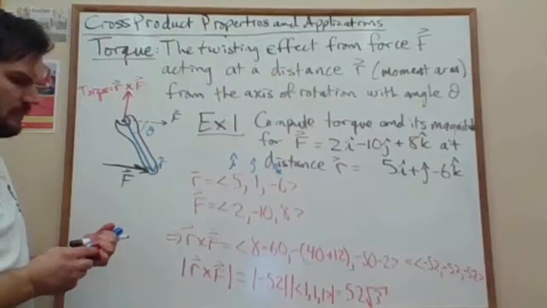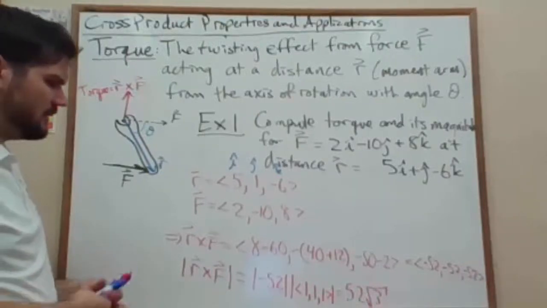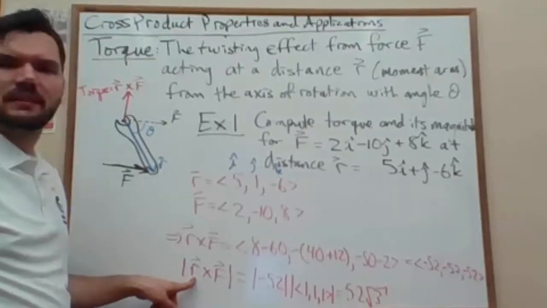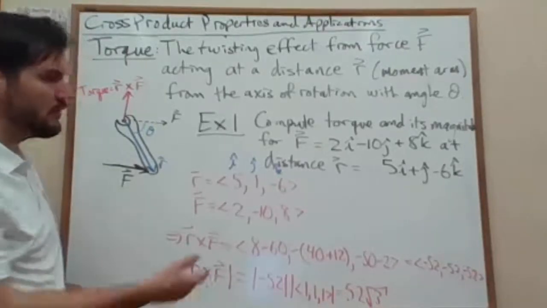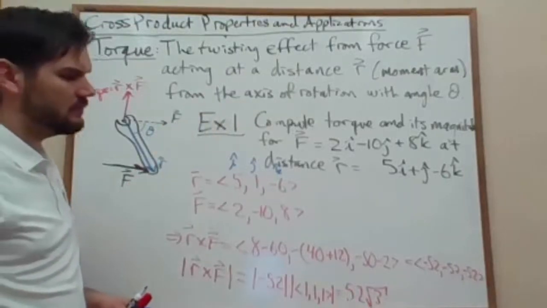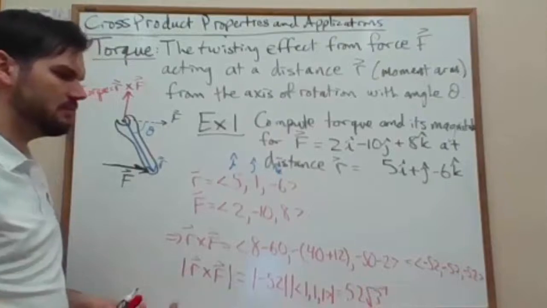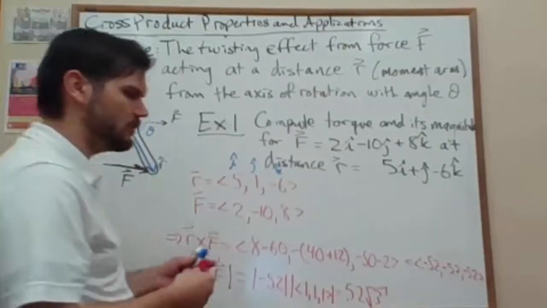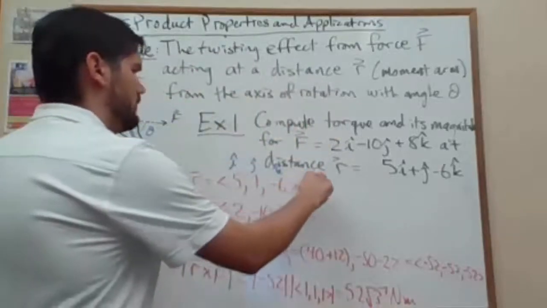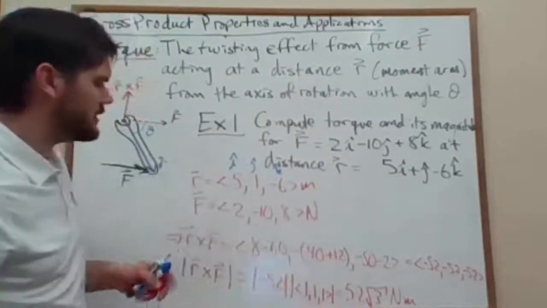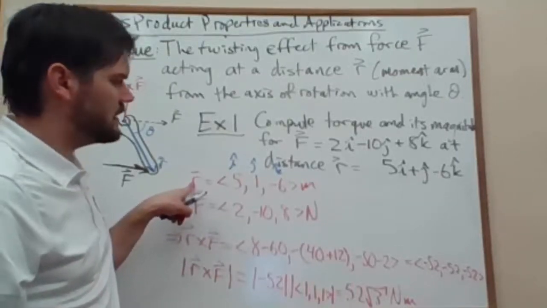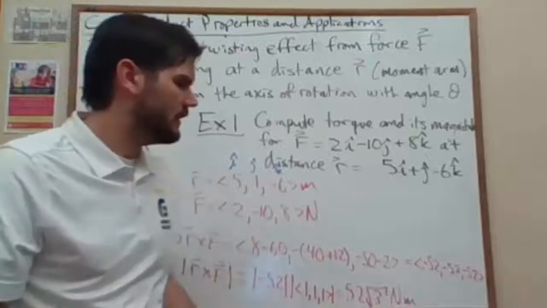Now, quick check. Force is in newtons. Radial arm is in distance, like meters. So this twisting effect from the force is actually energy. Newton meters, or joules. The standard unit for force is newtons. Standard unit for distance is meters, scientifically speaking.